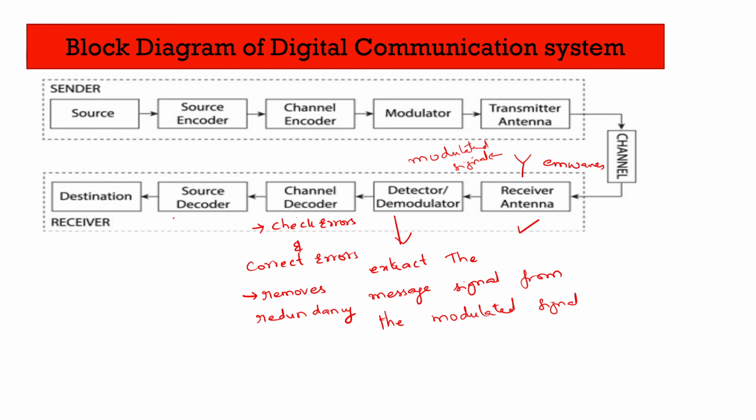So what does the source decoder do? It converts the digital signal into analog or discrete form.